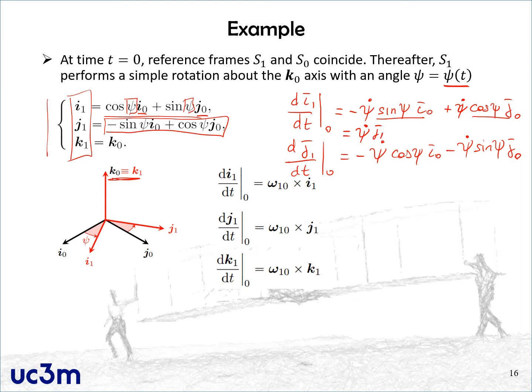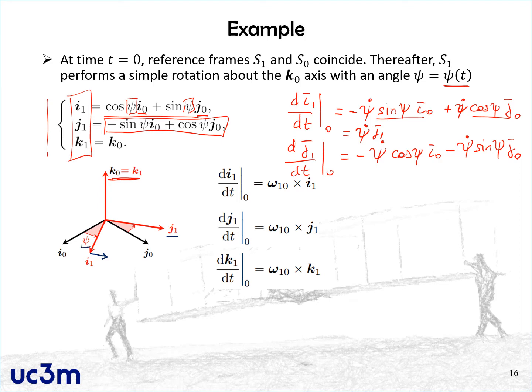Okay, the derivative of I1 is psi dot J1. And this makes sense with the type of things that we already know about these vectors and their rotations from previous lectures. So as psi increases, I1 is going to move in this direction. Okay, so this is the direction of J1. And the rate of change of I1 has to do with the rate of change of the angle psi.